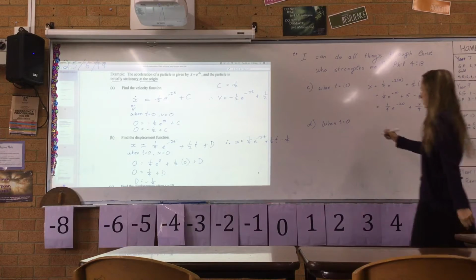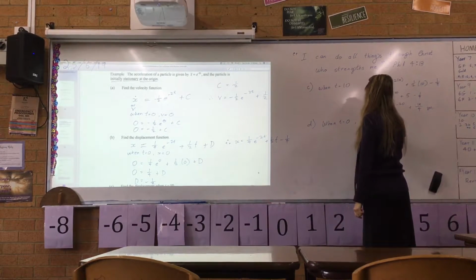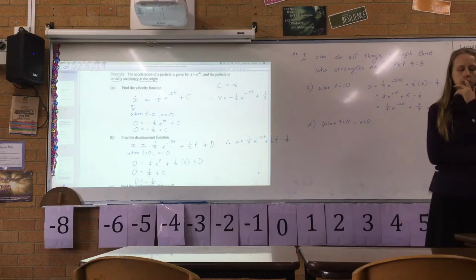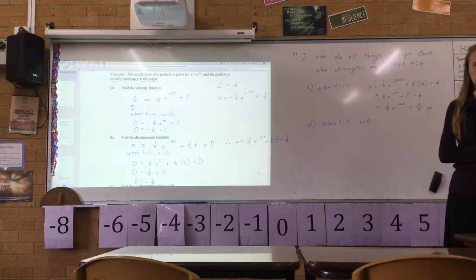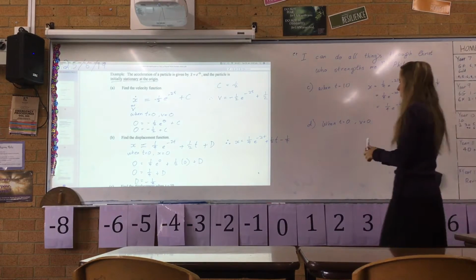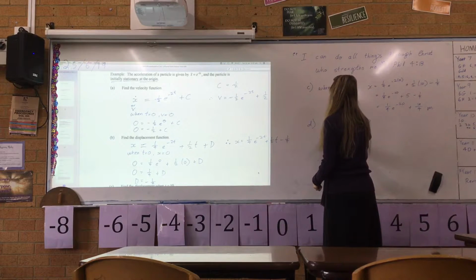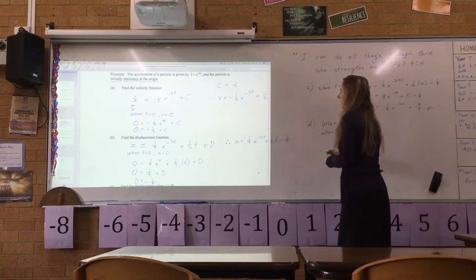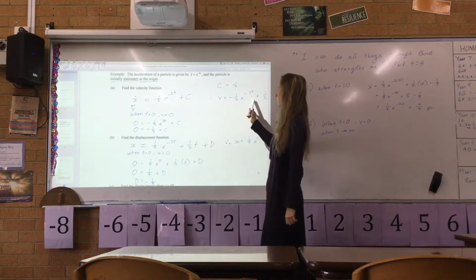V equals 0, okay. What about when t approaches infinity? What happens to it over time?